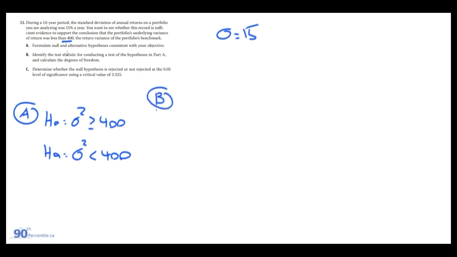And for B, identify the test stat for conducting a test and calculate the degrees of freedom. So we already said it is the chi-square test, but here we're actually going to need the formula for it, which is a little bit different: n minus 1 times the sample variance over the hypothesized population variance.